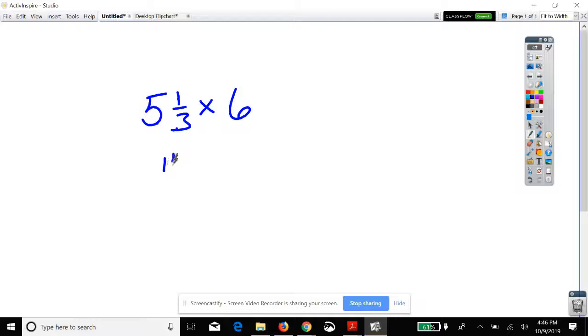So that would be 16 over 3 times 6 over 1. And then I have to multiply it. 16 times 6 is 96 over 3. And then I can reduce that. So that would be 32.